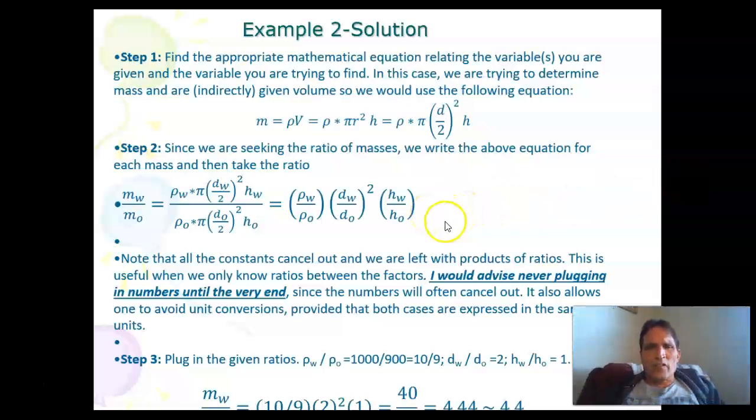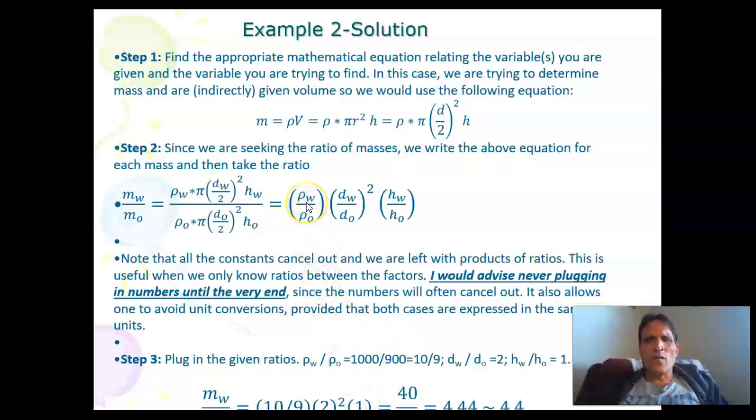Okay, then the next step is what do we know? Well, we know that D water is twice D oil. In other words, the diameter of the cylinder containing water is twice the diameter of that containing oil. So I can write D water over D oil is 2. I know that the ratio of the heights is 1 because they're both filled with the same height, so I put a 1 here for the ratio of the heights.